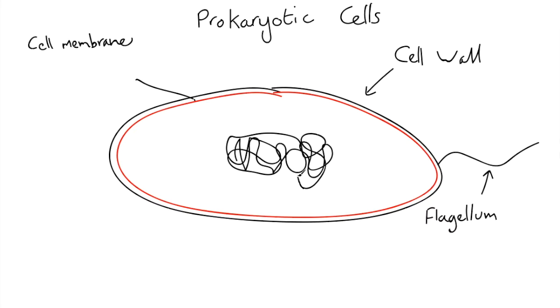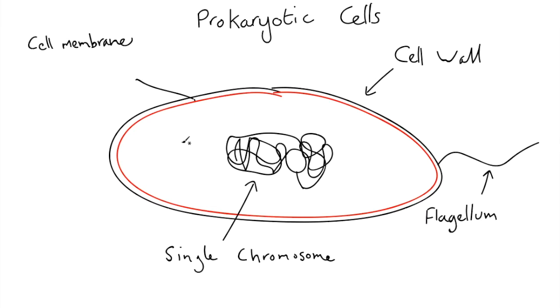So here is your single chromosome, your single chromosome that's not within a nucleus. Sometimes you'll see this written as loose DNA or single chromosome, and in some textbooks I've seen it as circular chromosome, which it isn't. So it's just one big single chromosome, which is just loose.